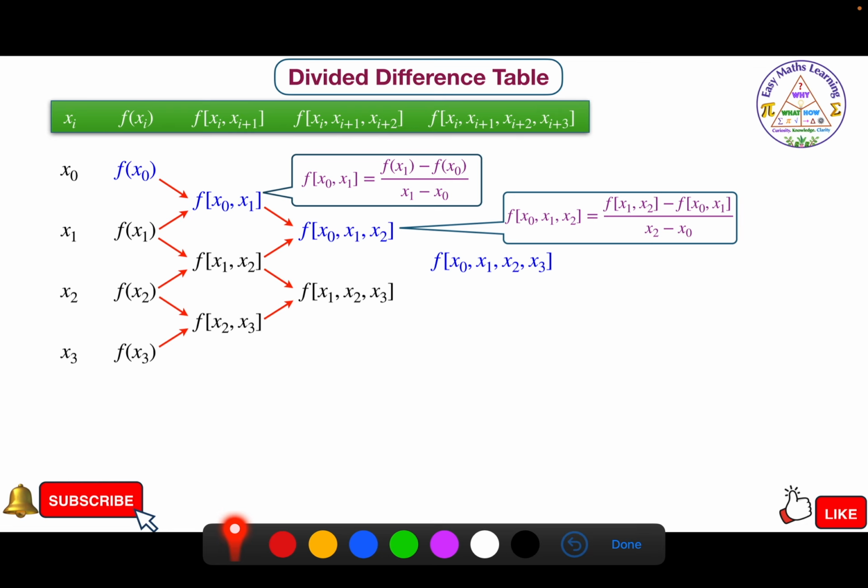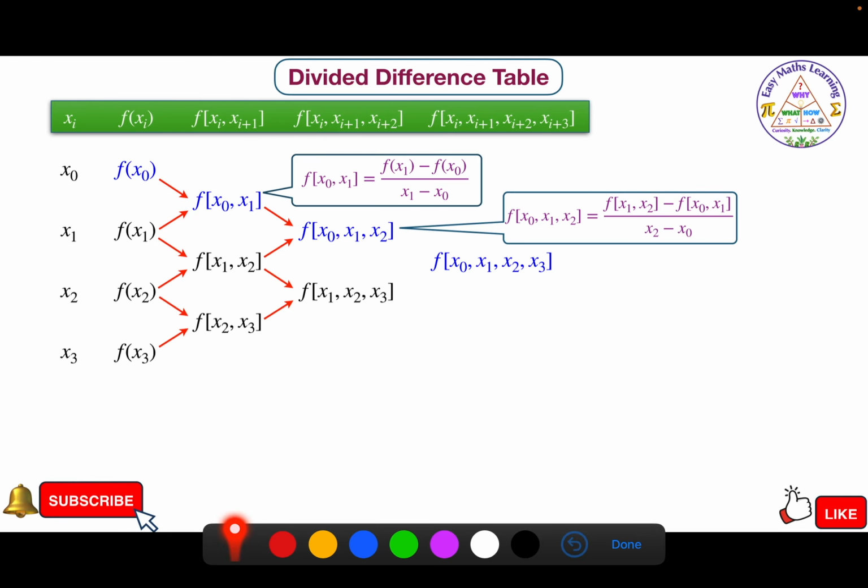Similarly, f of x1, x2, x3, the second order divided difference for these three nodes, is calculated as the first order divided difference for nodes x2, x3 minus the first order divided difference for x1, x2, divided by x3 minus x1.